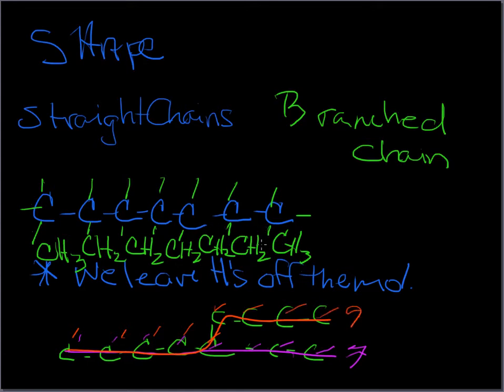That makes this your straight chain, and these carbons down here are your branch. Okay, so we have either straight chains or we have branched chains. So let's take a look at our last shape.